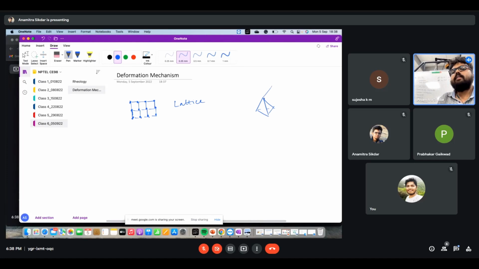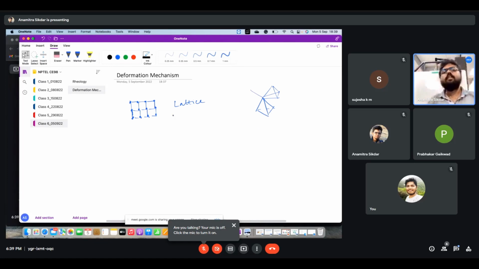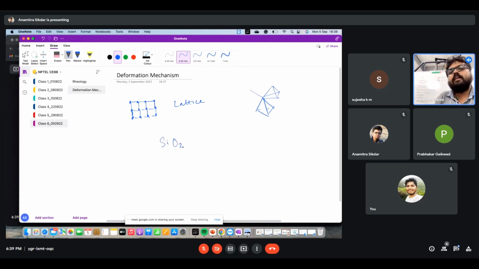They are connected in some way, and you have the lattice of this. In a three-dimensional space these points are oriented, and in nature it is very difficult. If we take the example of SiO2, it is very difficult to have pure Si and pure oxygen all over the lattice.